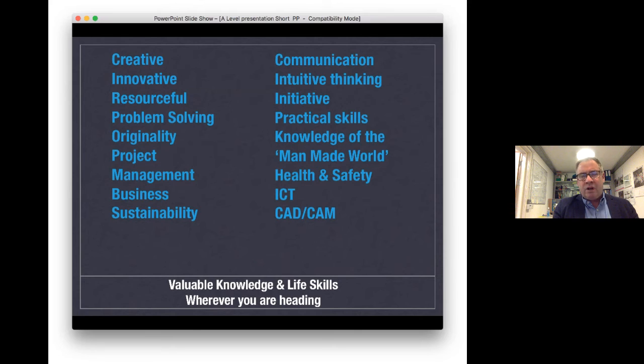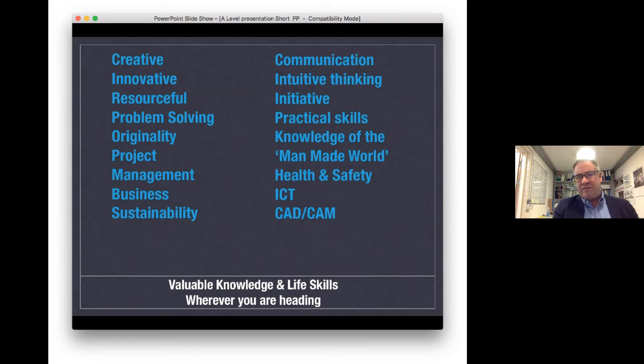This A level will really bring forward and show that you can be creative, innovative, resourceful. You can solve problems. You're original. You can manage projects. You know some elements of business. You know about sustainability. You can communicate on all sorts of levels, whether it's drawing, writing, or going online.